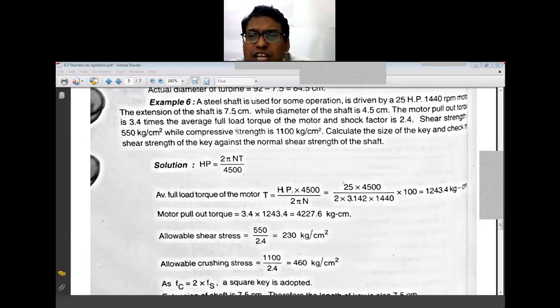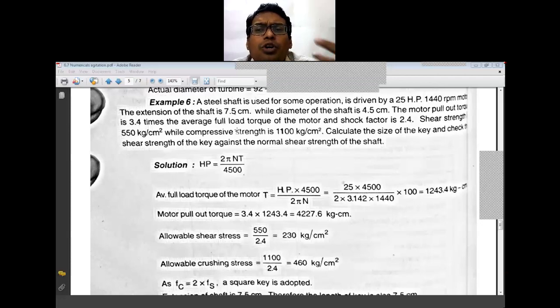Yes, sir. A steel shaft is used for some operation, driven by a 25 HP motor which is rotating at 1440 rpm. So the motor power is 25 HP, and its speed is 1440 rpm.